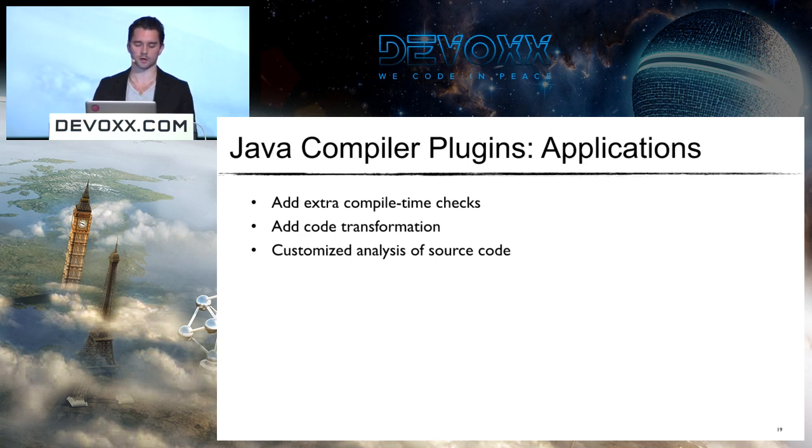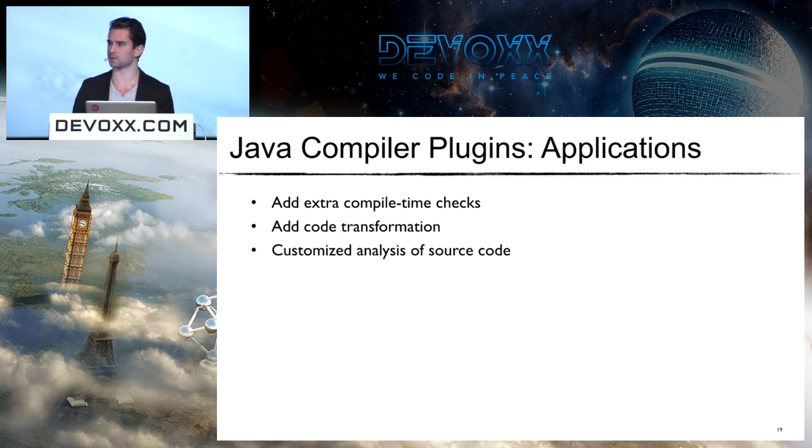Well, you can add extra compile time checks, for example. If you want to enforce a coding standard in your code base, you could do that as a plugin. Maybe you'd like to do some automated refactoring of code. Well, you could do that using a compiler plugin as well. And if you want to do some kind of customized source code analysis, then you can also use a plugin.